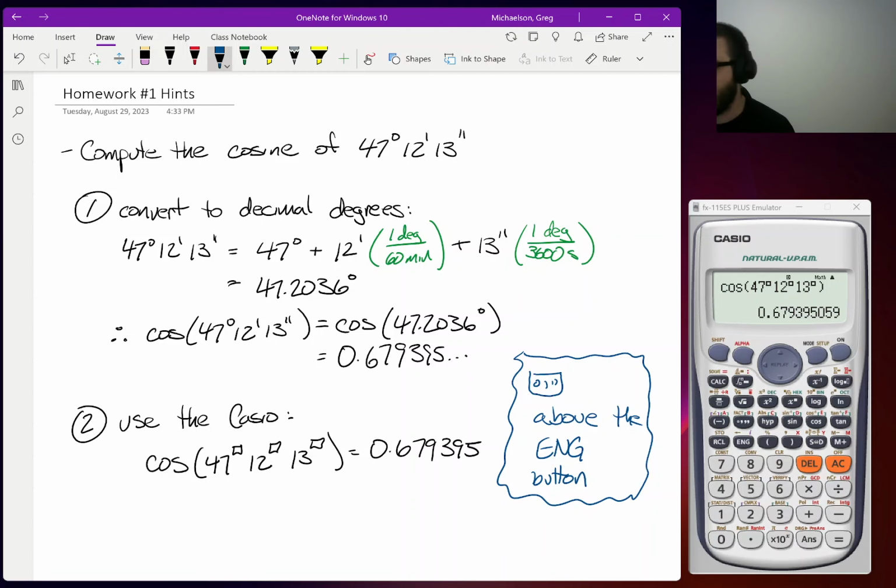And just make sure, one thing that can cause a problem, if I remember: if you do 47, 12, and then 13, without the indicators, the calculator gets angry. The reason why is you have to have an indicator after every number.